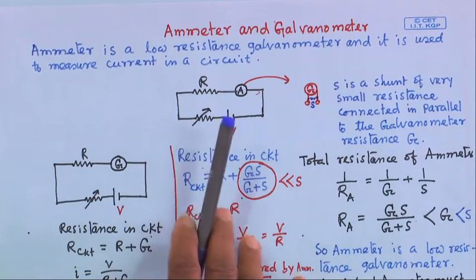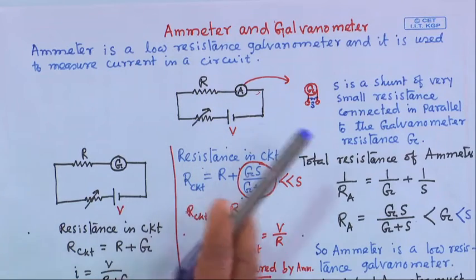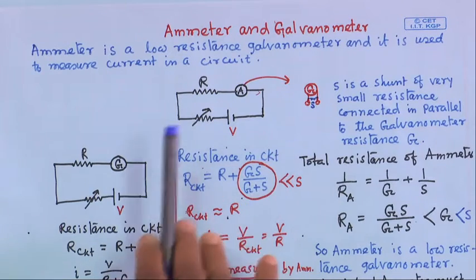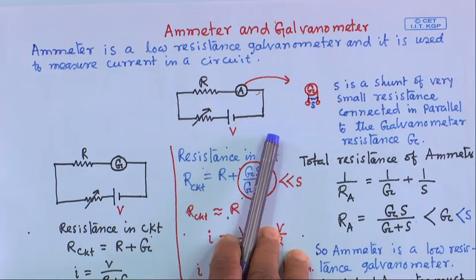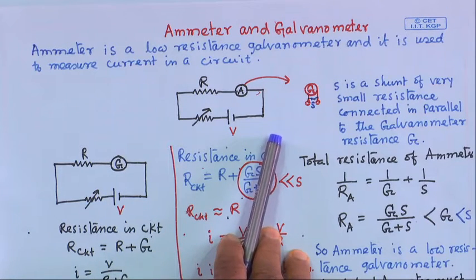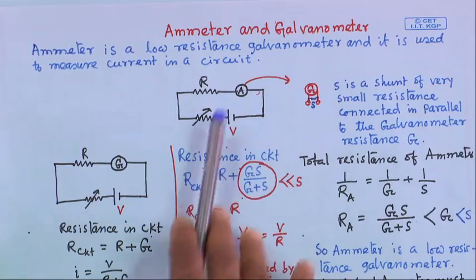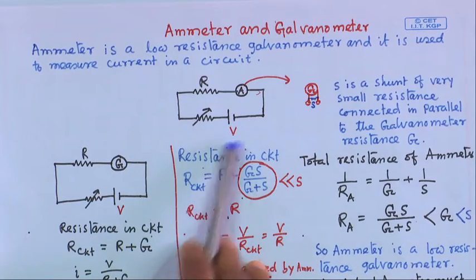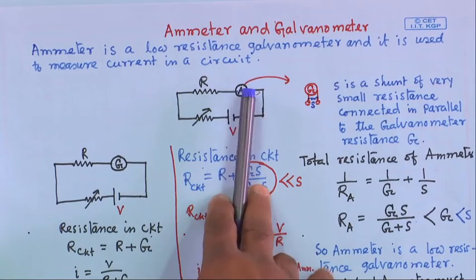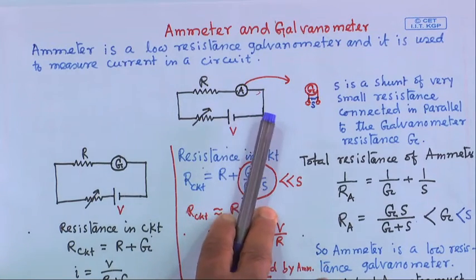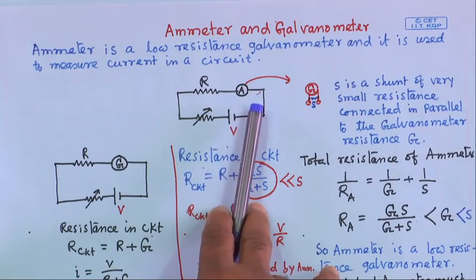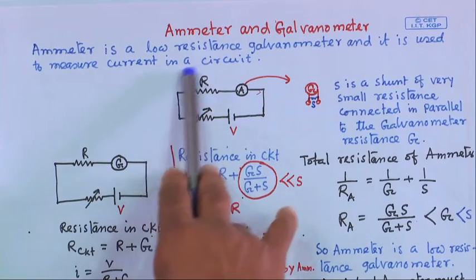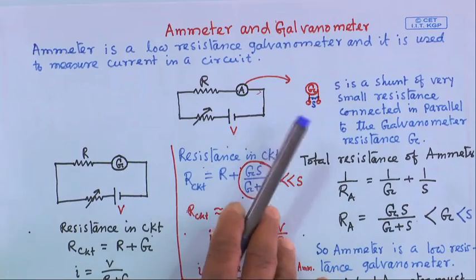Galvanometer is also used to measure the current, ammeter is also used to measure the current. So what is the difference in measurement of current? If you use a galvanometer here, it has resistance G, so it will change the actual current of the circuit which I want to measure.